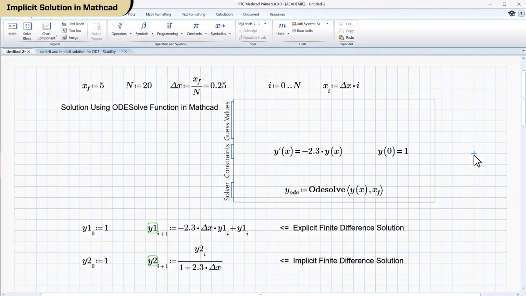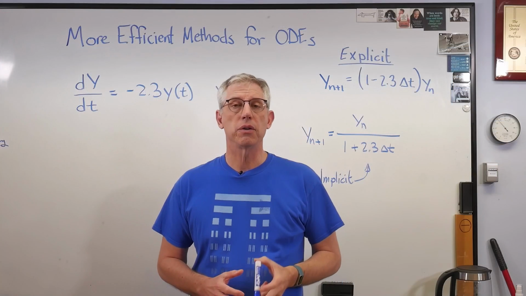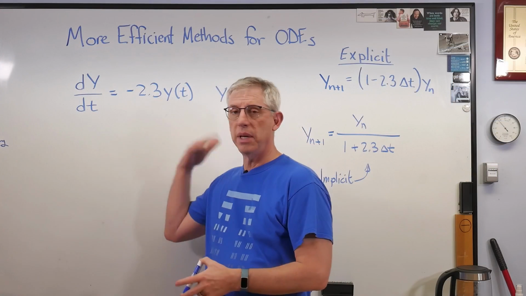The implicit solution is more likely to be stable and might require fewer points, but there is some computational overhead that comes with that. Now, rather than try to describe it in words, let me go back to the board. I'm going to make one change to the differential equation to show that the implicit solution comes with its own problems.